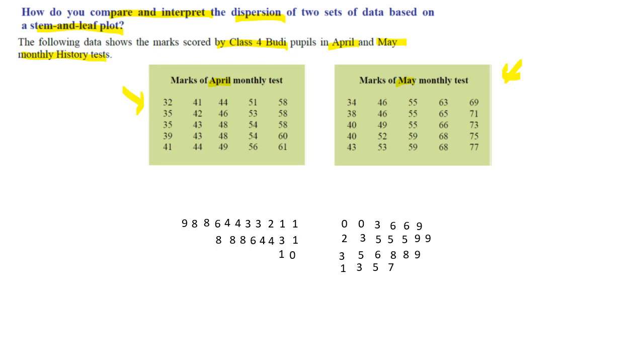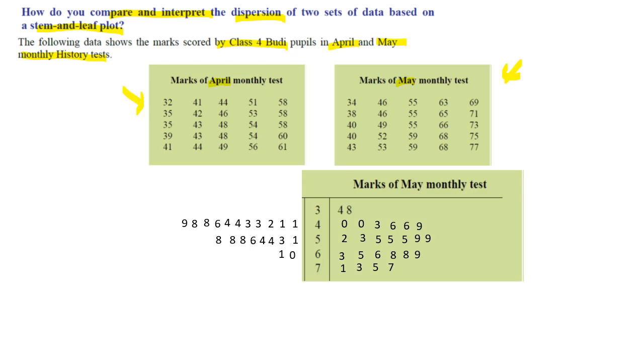So how to compare? First, you look at the stem and leaf plot. So you do for May first here. This is your stem. Remember, this is your stem and this is your leaf. You just look at this data here.